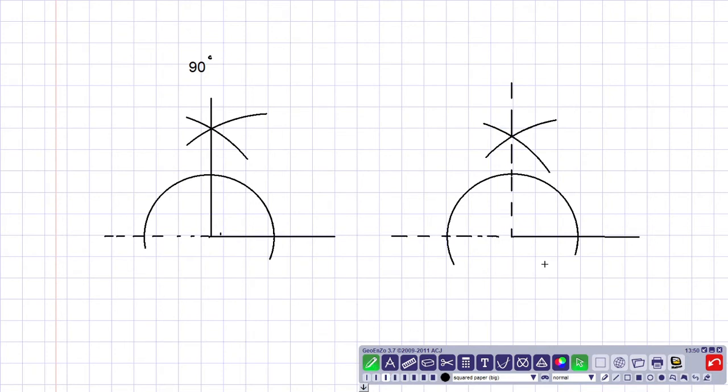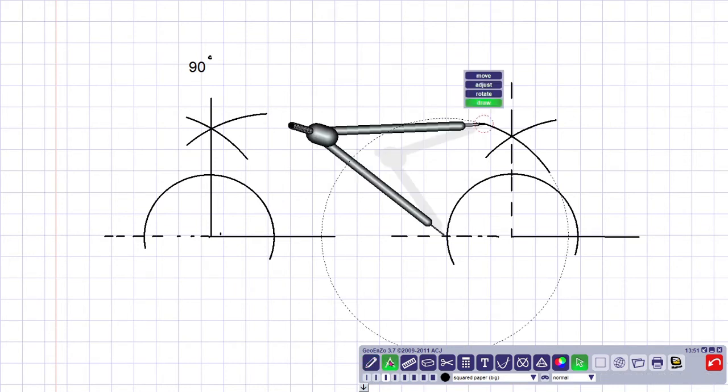Now, I have to draw the bisector of the 90 degree angle from here to here. That arc is a 90 degrees angle. So, we have to bisect this arc. You have to keep the compass here and here and draw the angle bisector.